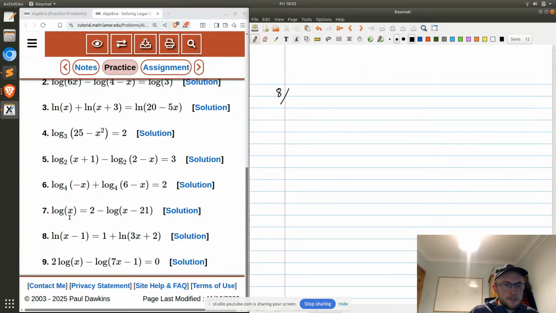Problem 8. Same strategy. Move the natural logarithm here, ln of 3x add 2, to the left-hand side. So ln of x take 1, take ln of 3x add 2 equals 1.